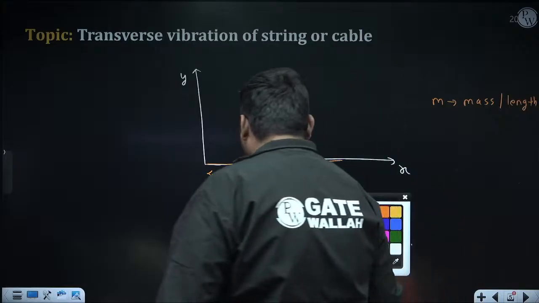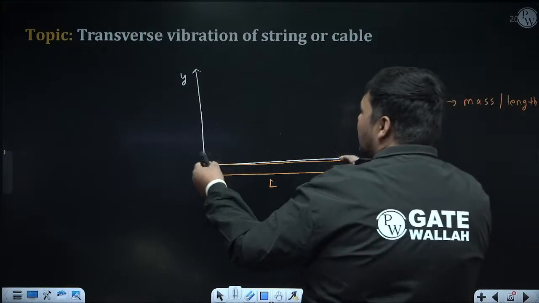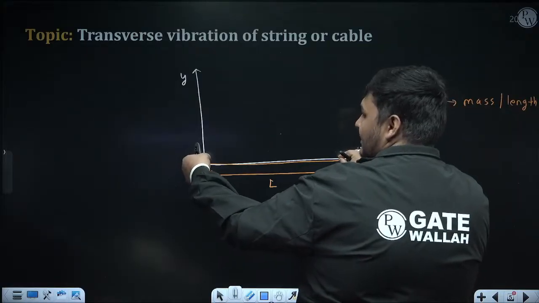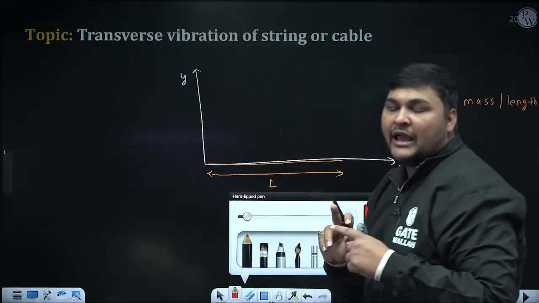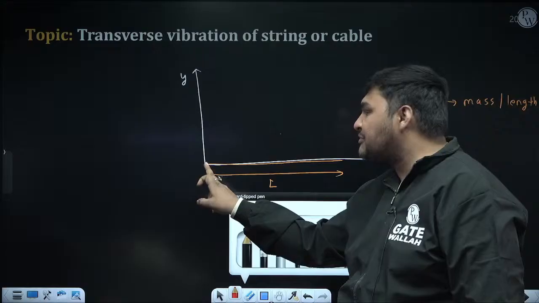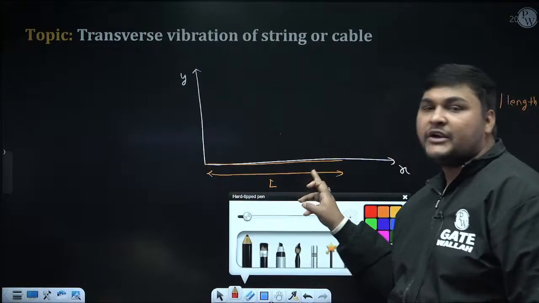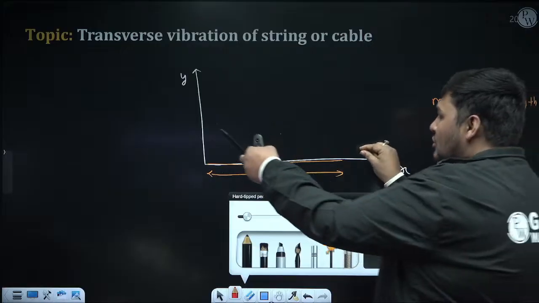See, suppose both ends of this string are pinned, or fixed connections. I am not saying both ends will always be pinned; in some cases one is pinned or fixed and the other free, or both are free. But just for understanding, suppose both ends are pinned.